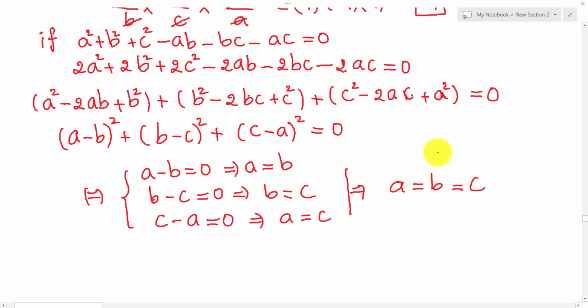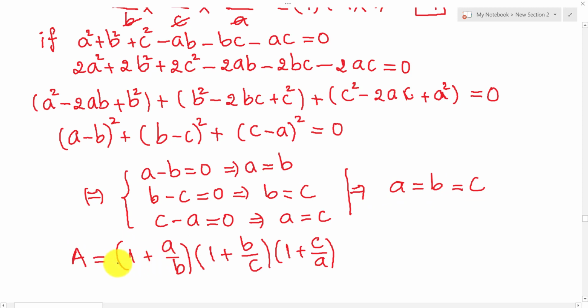Also, this we know a equals b equals c, we can find the value of expression A. We receive 1 plus a over b. So a and b are equal to each other, so a divided by b is equal to 1. So we get 1 plus 1. And this b equals c, so b divided by c equals 1, so we get 1 plus 1. And this c equals a, so c divided by a equals 1, so we get 1 plus 1.